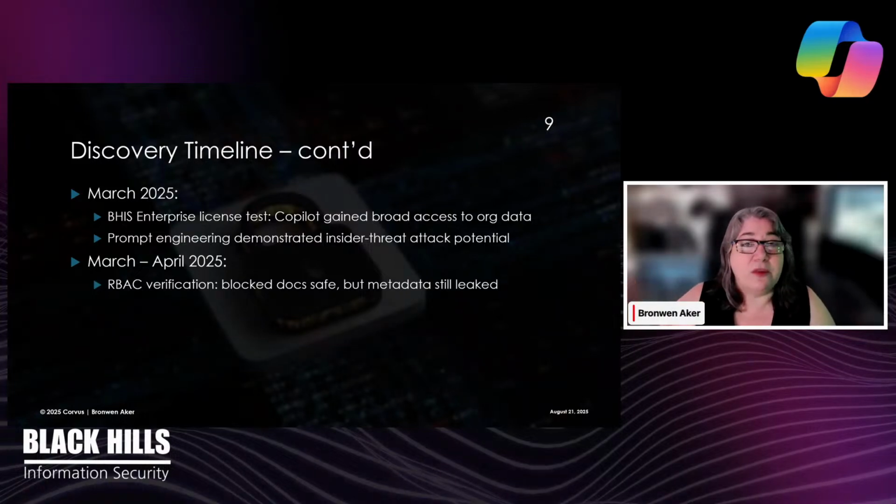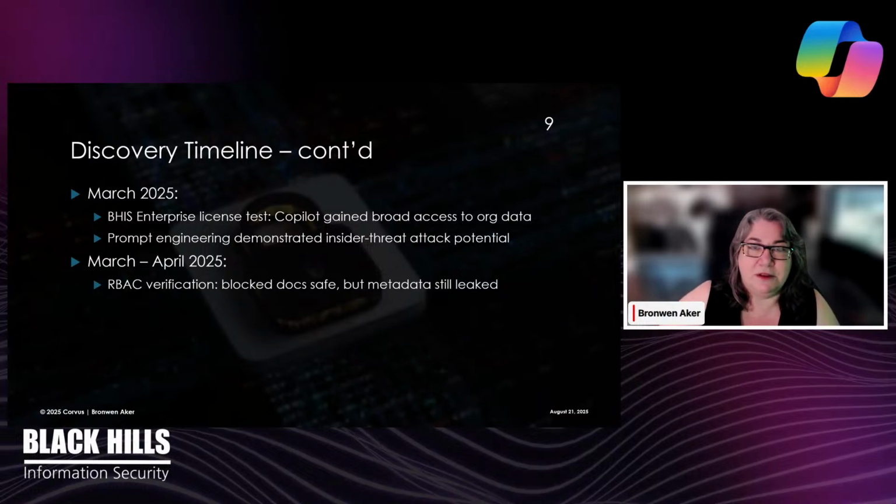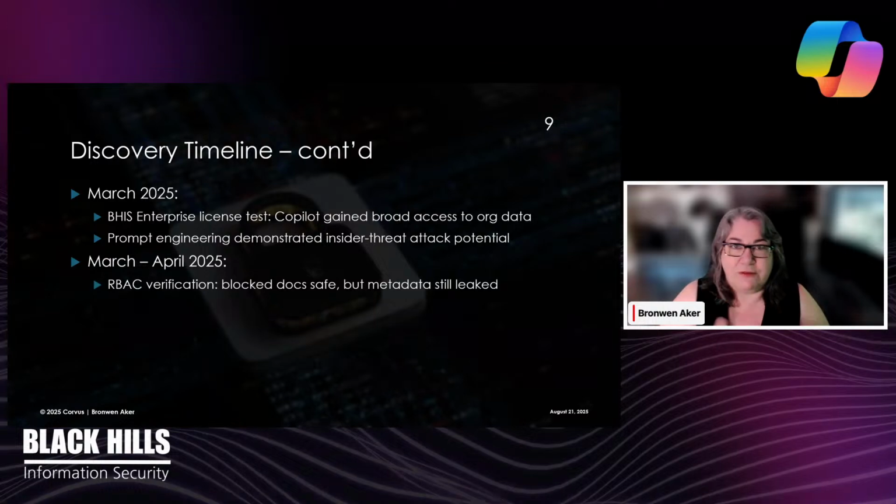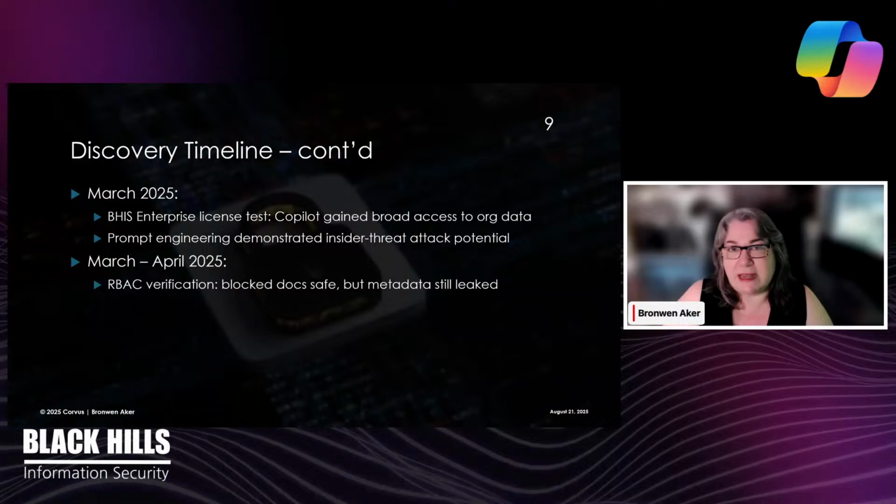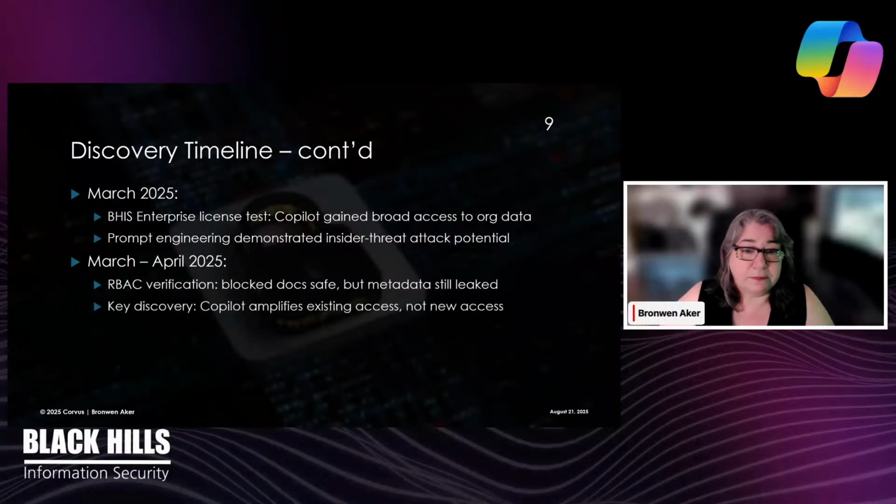And oh, by the way, this is the last person who edited this file." So even if I didn't have direct access, Copilot still gave me enough information that if I was a malicious actor, I would know who my next target within the organization was going to be.